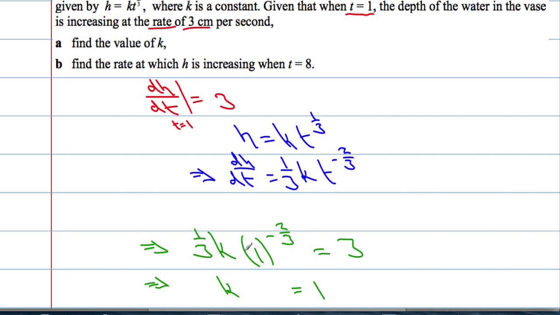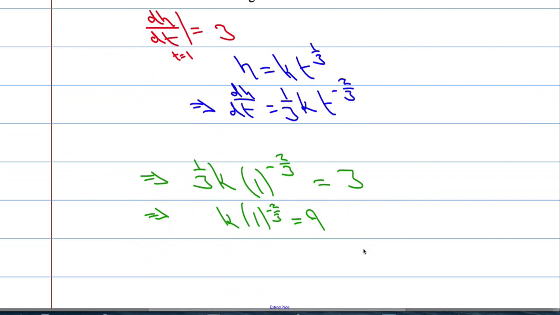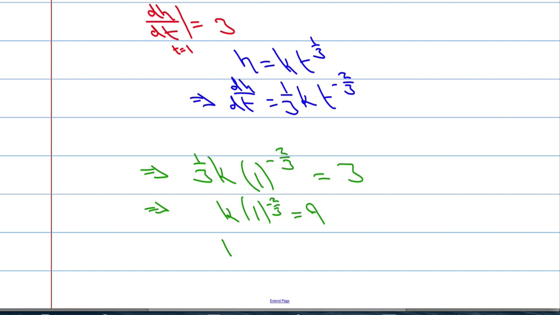This value here ends up being 1, so k is going to equal, not 1, 9. Sorry. If I multiply both sides by 3, we get k times 1 to the power of negative 2 over 3 equals 9. Hence, k must equal 9.